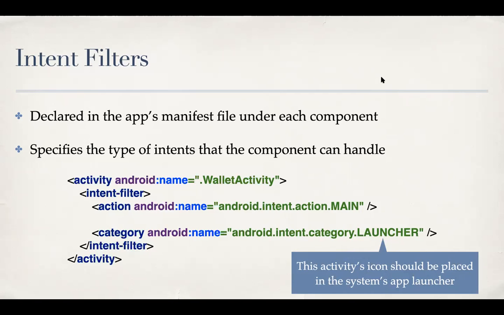So we have seen this example already. This is the intent filter. And all the activities that have this intent filter, their icons are placed on the launcher. So if you go to a device screen, all the icons you see there are there because those activities have this particular intent filter. This is an example of the two pairing up together.